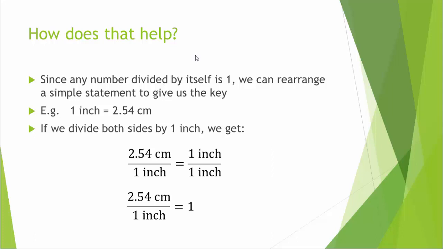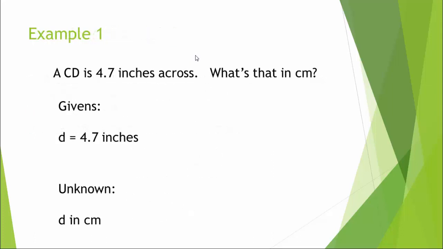Okay, this is interesting. We now have an expression of 1 is equal to 2.54 centimeters over 1 inch that came from 1 inch equals 2.54 centimeters. Now we can use this. So, if we know that a compact disc is 4.7 inches across, we can get that value in centimeters using our multiply by 1 trick.